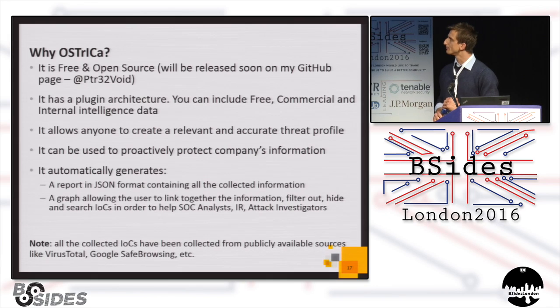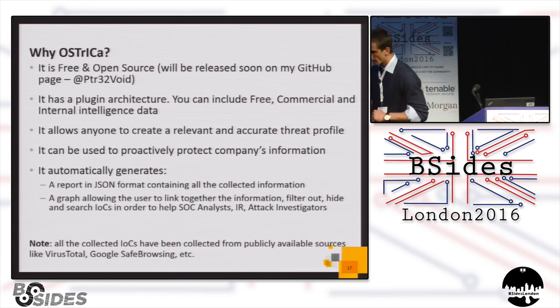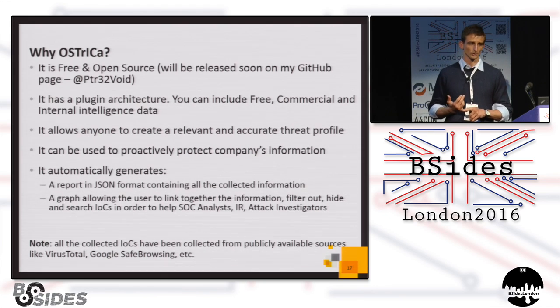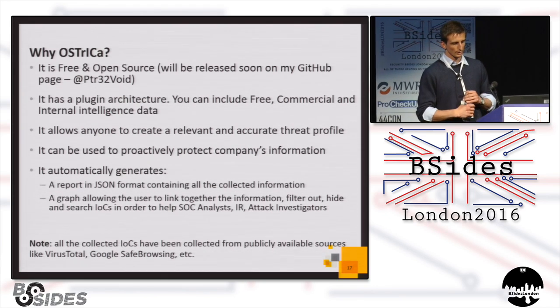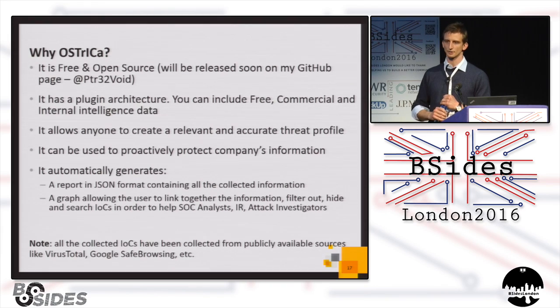It cannot at the moment, but threat intelligence can be used to proactively protect your network. So if you write some code, maybe you can identify how to proactively protect the company's information by adding specific rules.